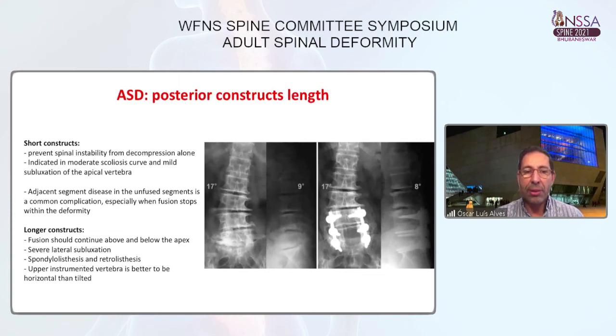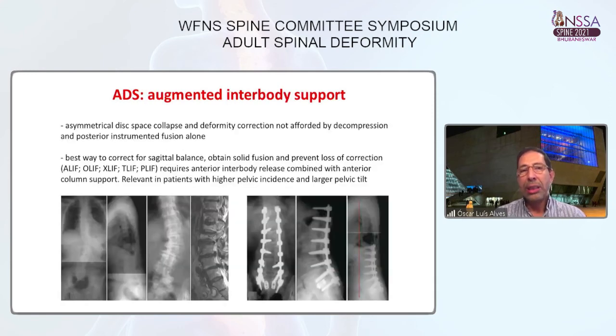When you have severe lateral subluxation, spondylolisthesis, or retrolisthesis, the upper instrumented vertebra is always better horizontal than tilted. You need some interbody support to correct the coronal deformity, and it's the best way to correct sagittal balance, obtain solid fusion, and prevent loss of correction.